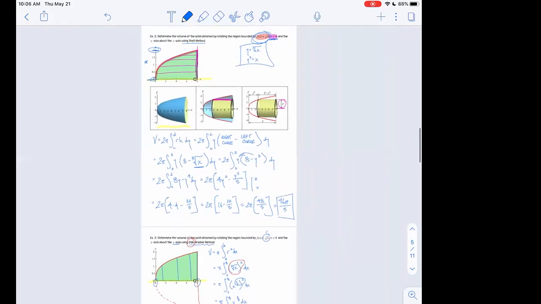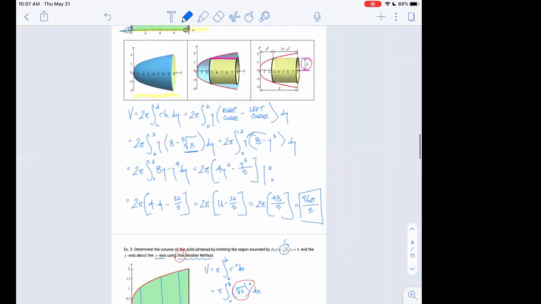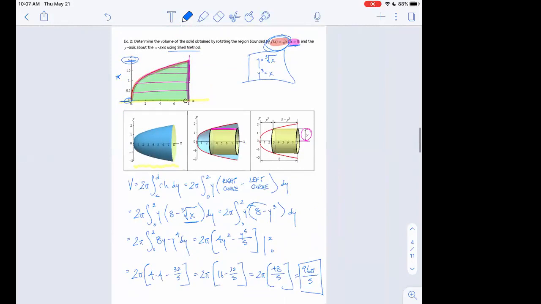What I'd like you to do right now is to go ahead and take a look back at your notes for example 2 and what we just did for example 3, and come up with maybe just like 1 or 2 things that you think makes one of them easier than the other.